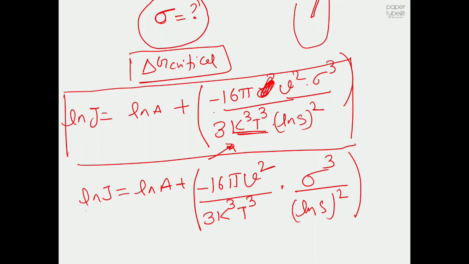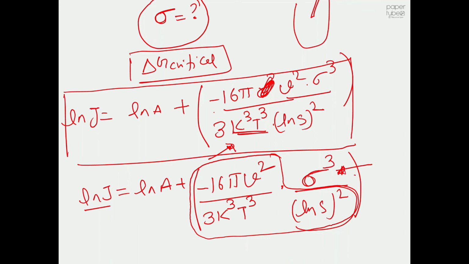So if we plot the natural log of nucleation rate versus this constant divided by ln of S squared, then the slope value should be equal to minus sigma cubed.